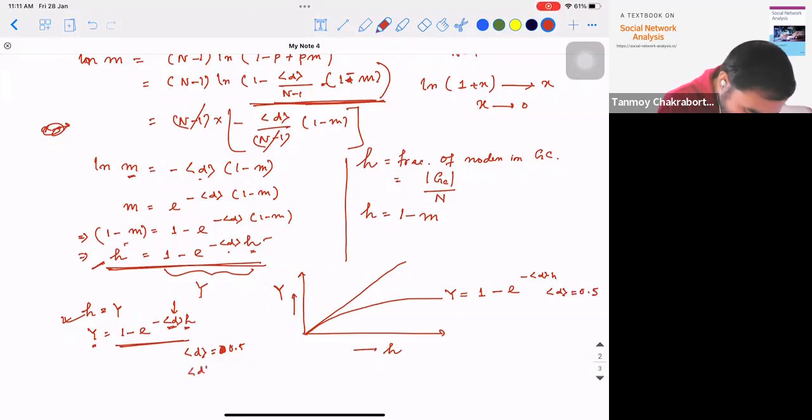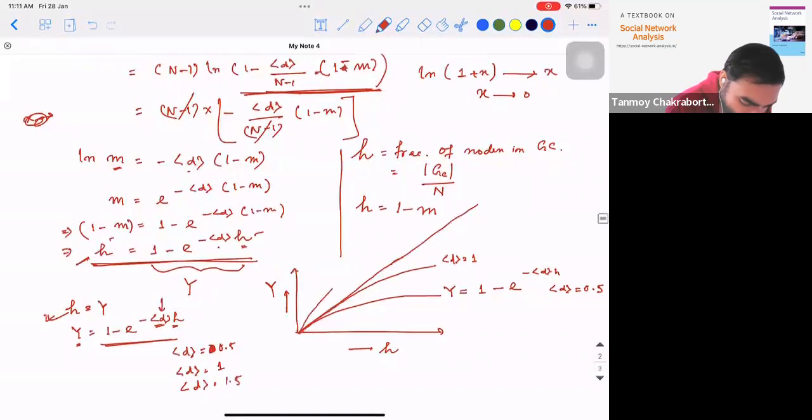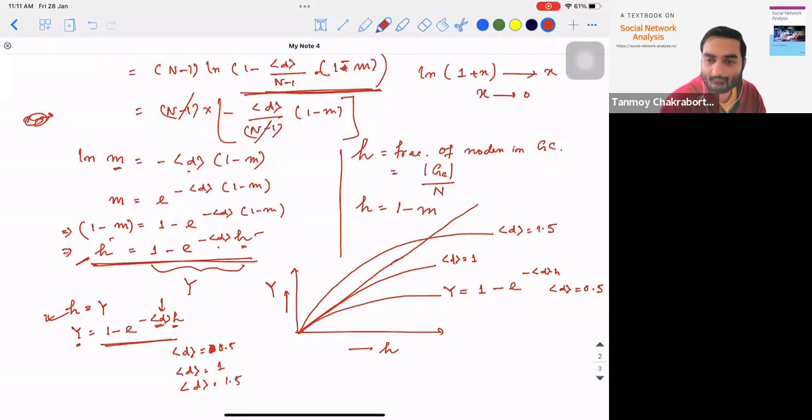If mod d equals 1, the curve looks like this. If mod d equals 1.5, you see the curve would look like this. Okay. Now, we are interested in this point, right?